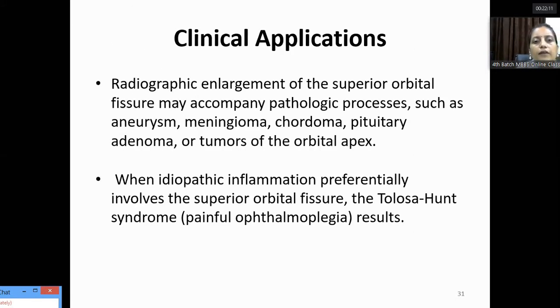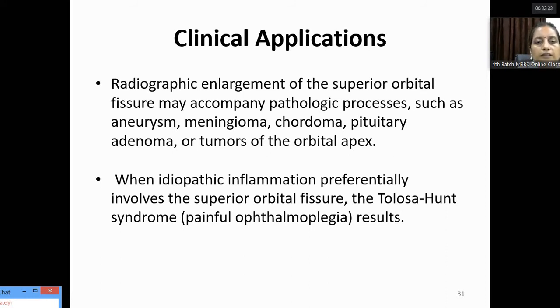Radiographic enlargement of the superior orbital fissure may accompany pathological processes such as aneurysm, meningioma, chondroma, pituitary adenoma, or tumors of the orbital apex. This is also a very important landmark to see in these common presentations.